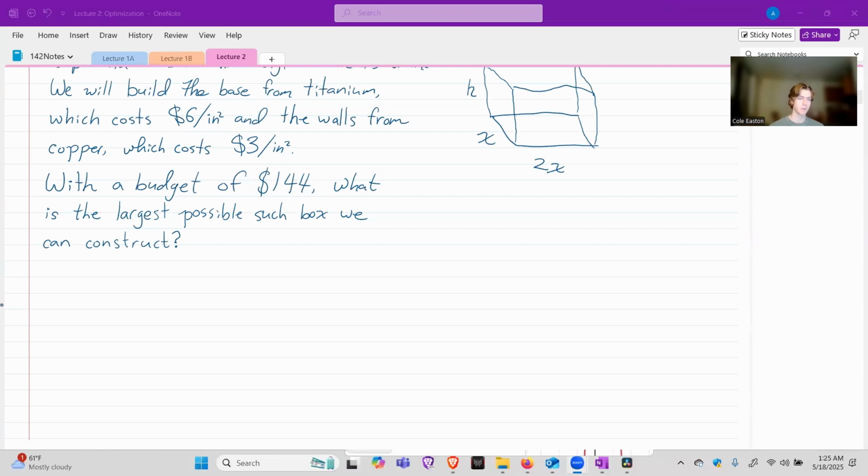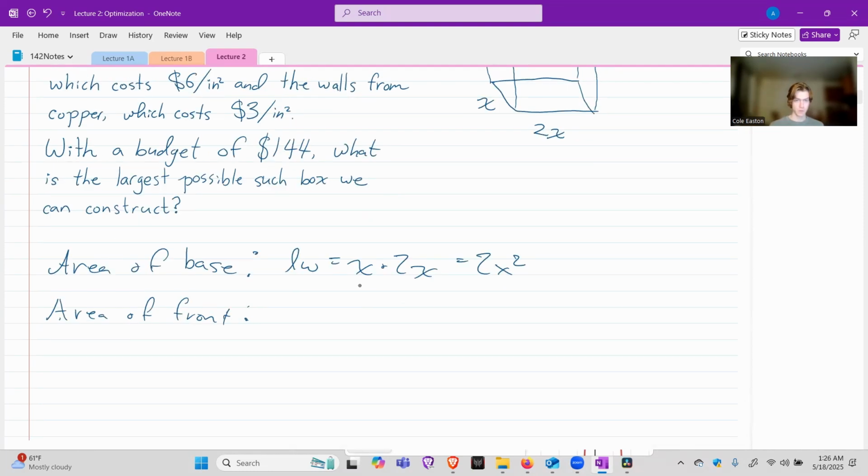Let's first figure out the area of the base. The area of the base is our length times our width, which is x times 2x, which is 2x squared. Let's figure out what the area of the front is going to be. That's going to be length times height, which in this case is 2xh.